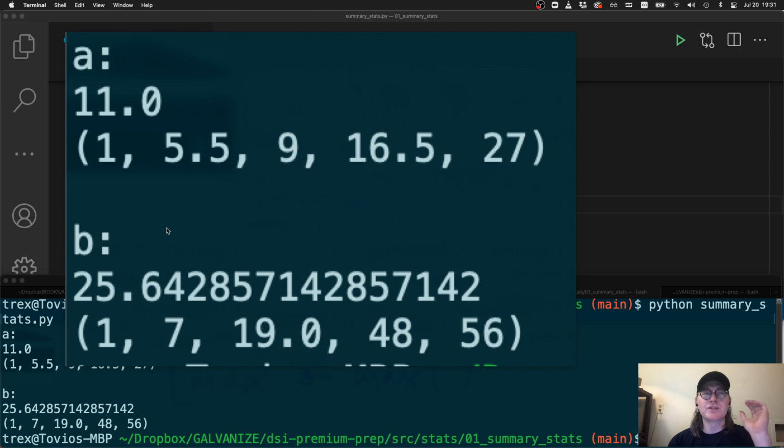And what I'm going to say, and you are very welcome to disagree with this, is that neither of them is better. They're different lenses on the same data. But what we can say is that 11 is sitting pretty close to 9 in this one, right? 11 is just right of 9 in a way that looks like there's some alignment of the median and the mean. And in this other case, 25 is a little bit more estranged from our median of 19. But does that matter?